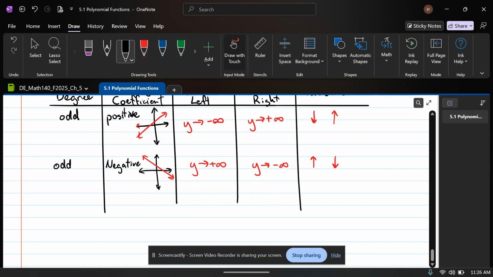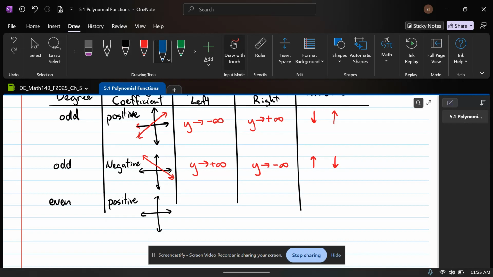Even degree and a positive leading coefficient. The most basic polynomial that we know of with an even degree is from chapter 4, quadratics. A positive leading coefficient was a quadratic that opened up. A was a positive number, it opened up.